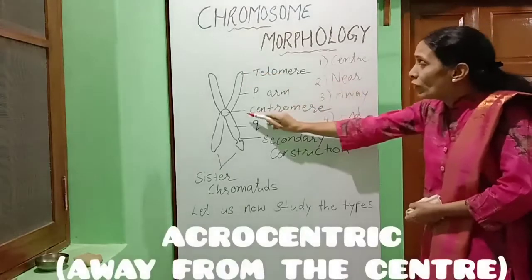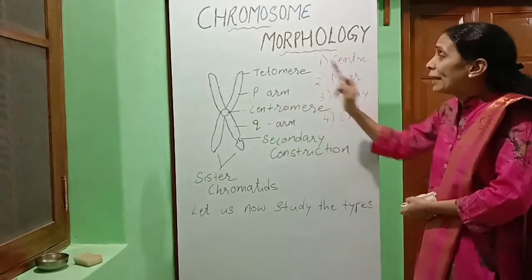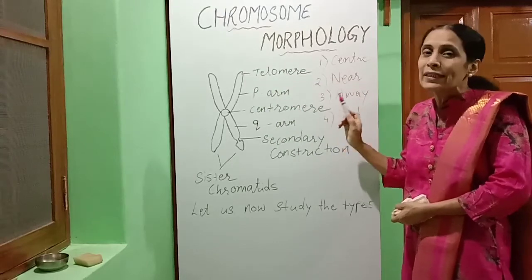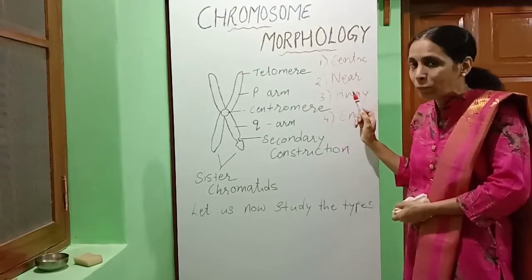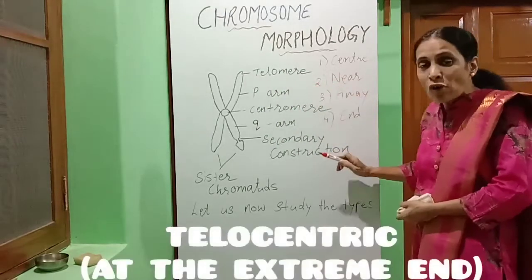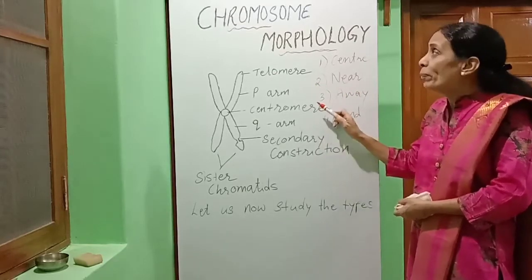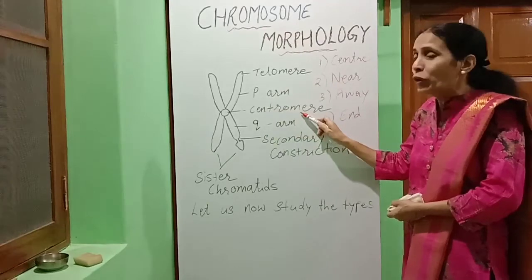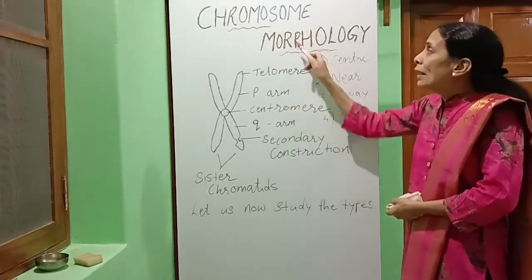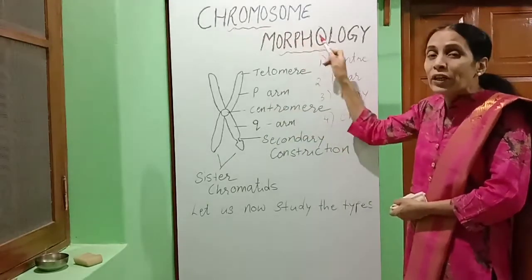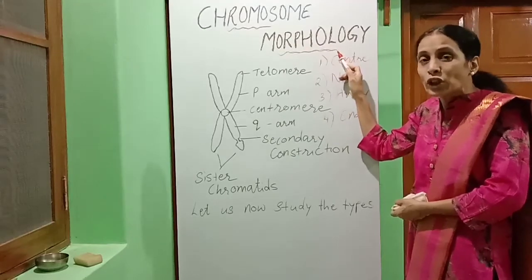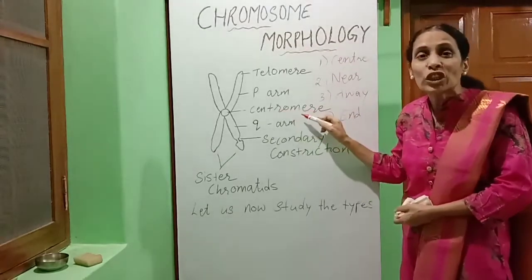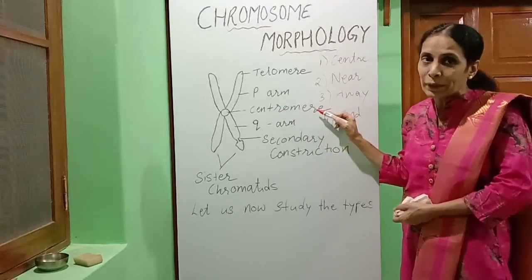While if the centromere is at the end, then the chromosome is called telocentric. So you have 4 types of chromosome depending upon the position of the centromere. That is, you will have different morphology of the chromosome depending on the position of the centromere.